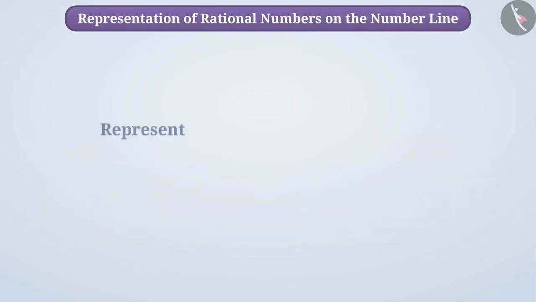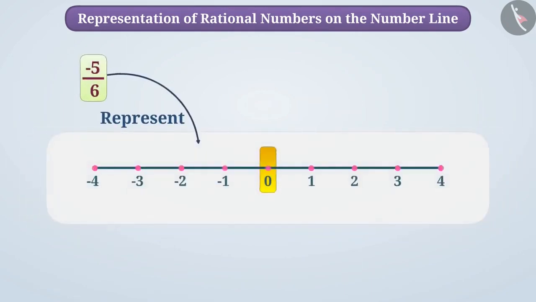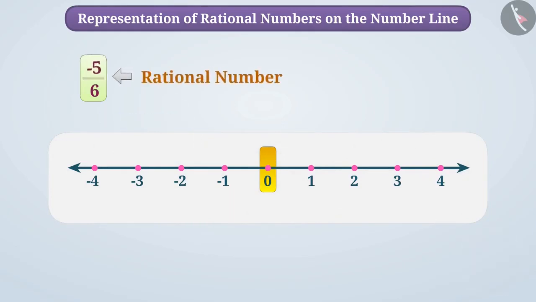Suppose we have to represent the rational number -5 by 6 on the number line. Pause the video first and try to represent it on the number line. Let me tell you, here the rational number -5 by 6 is a negative rational number.